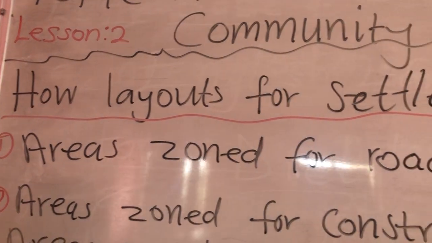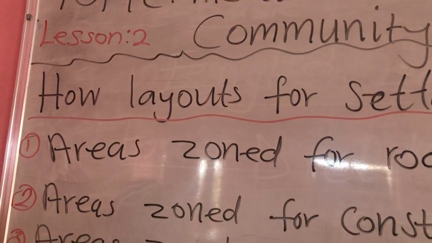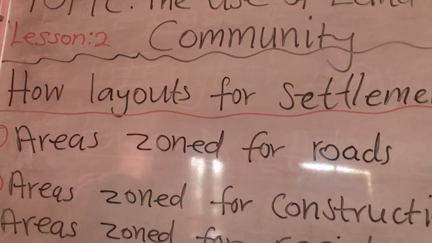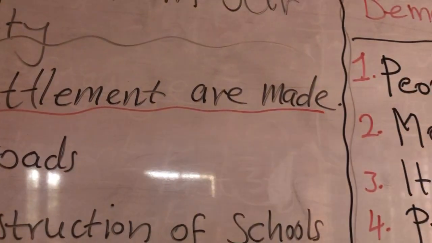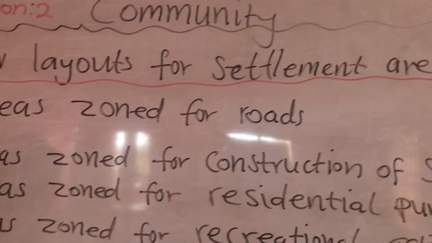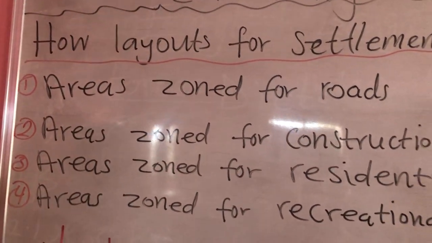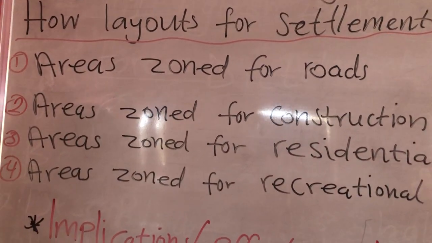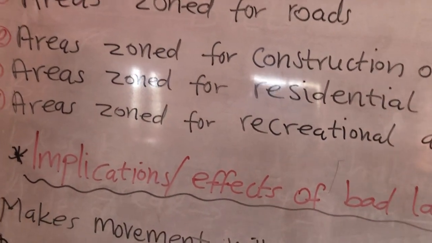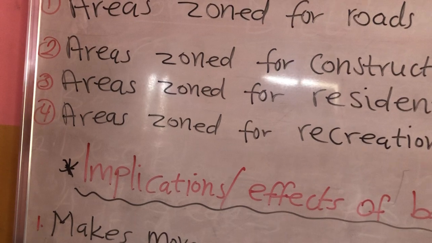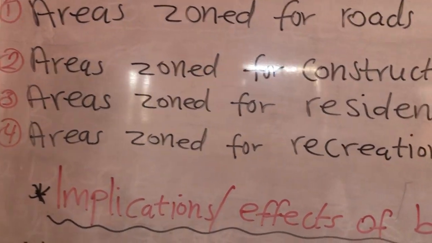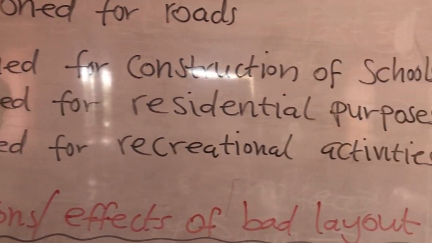So, what are we learning today? By the close of today's lesson, we should be able to describe how layouts for settlement are made, or what to consider when zoning an area. Two, we are to identify the implications of not demolishing bad layout settlement, and also the problems of demolishing bad layout settlement.